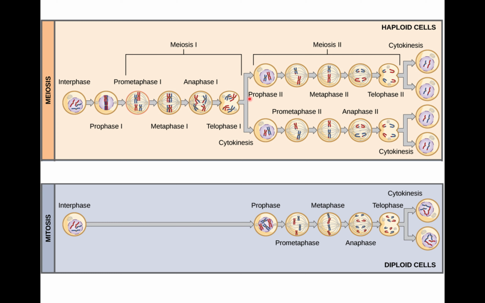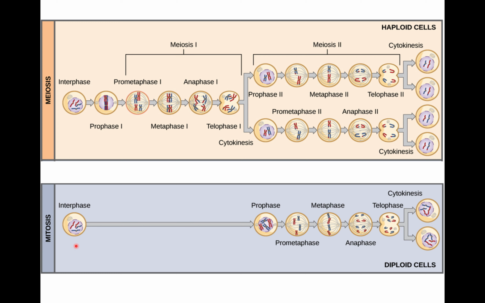You get cell division 1, which we call meiosis 1, and then cell division 2, which is meiosis 2. After the first cell division, we get 2 cells, and then each of those 2 cells is going to give you 2 more cells. So at the end of meiosis, you start with 1 cell, which is diploid, and you get 4 cells at the end, which are haploid.